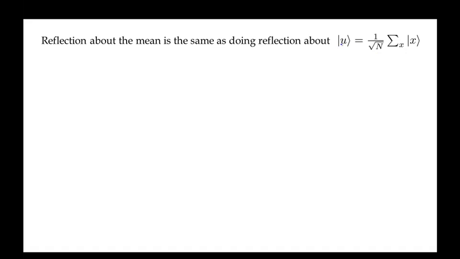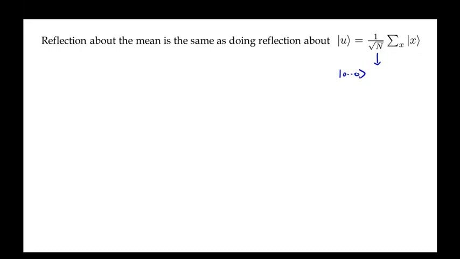So how would you do this? What we do is we first move this uniform superposition to the all zeros vector. So we want to first do some transformation that maps u to the all zero string. Which transformation maps u to the all zero string?